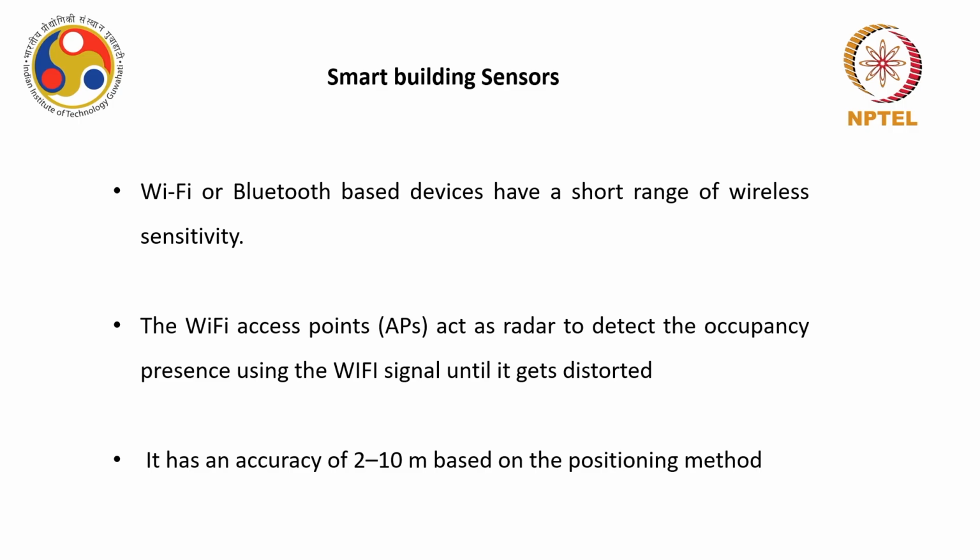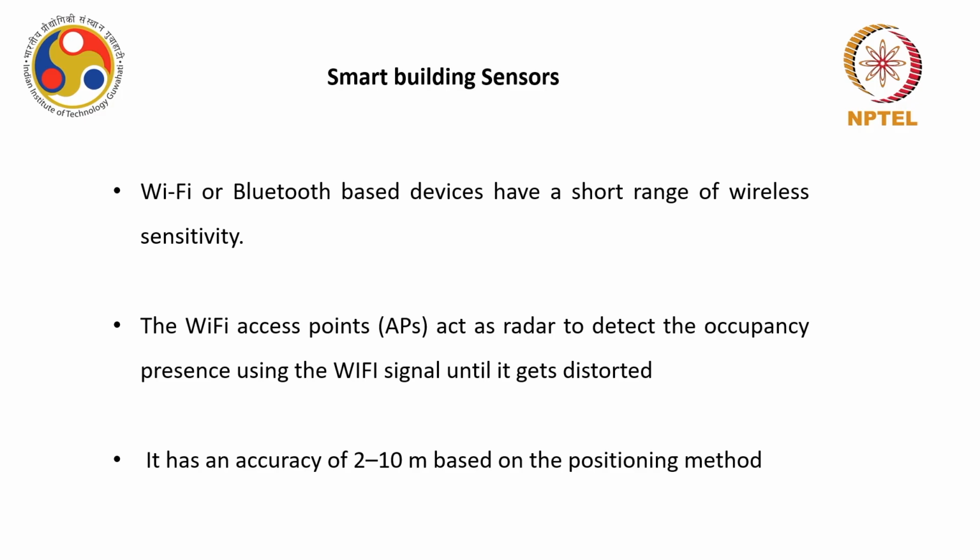The Wi-Fi access points act as a radar to detect the occupancy presence using the Wi-Fi signal, until it gets distorted by any other signal or by any other object in its line of sight. Usually its accuracy is in the range of 2 to 10 meters, and it depends on the positioning method.